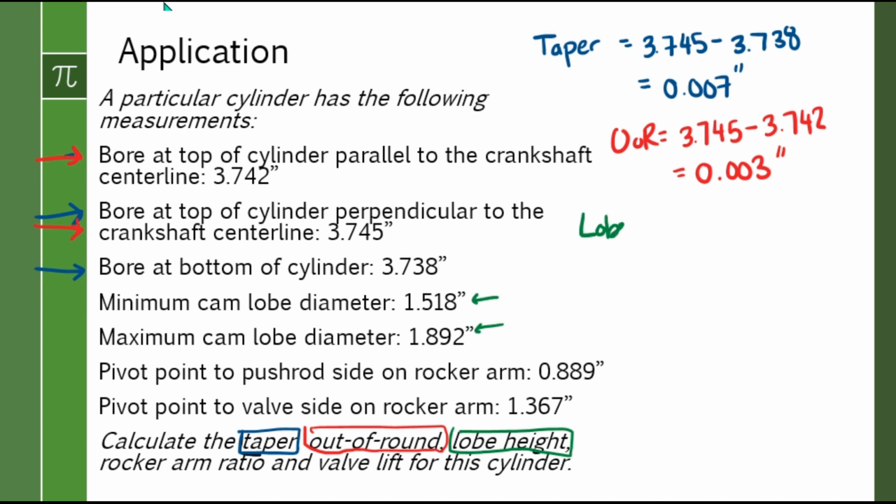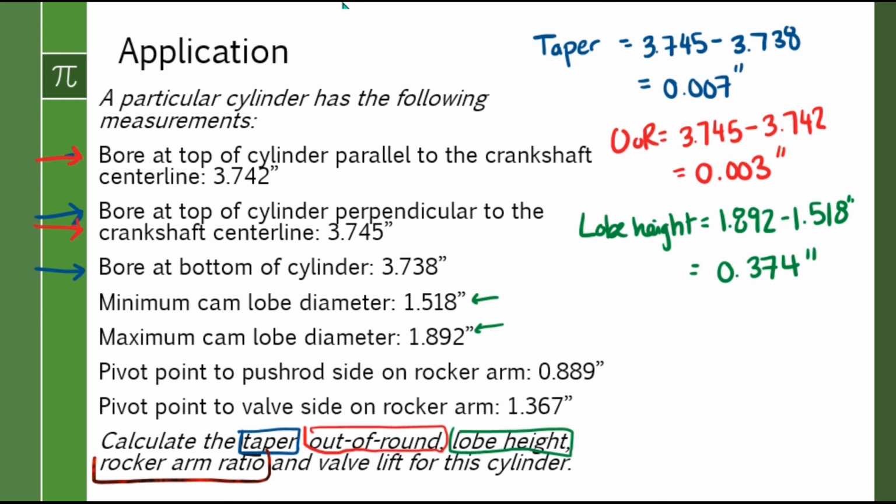Lobe height, big minus little, max minus min. I'm going to do that math and I should get 0.3741 inches.